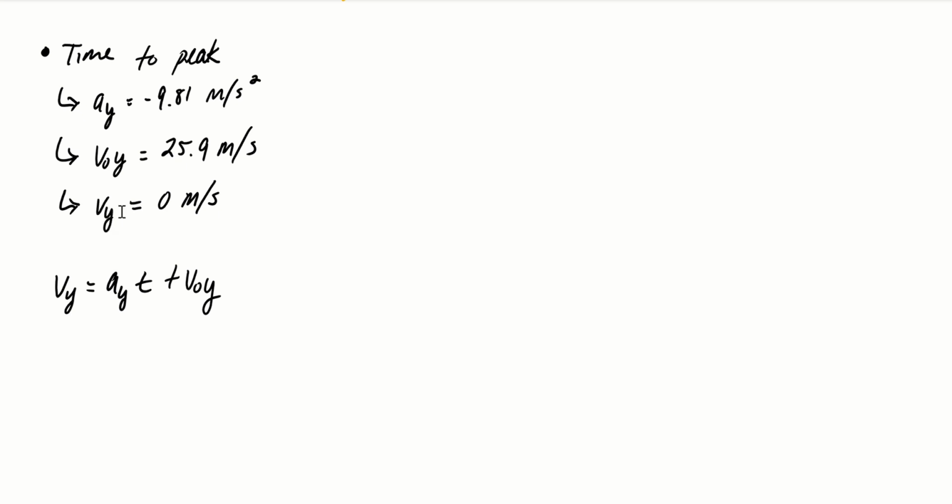So I know that my velocity of interest, my velocity at the peak, is 0. I know that my acceleration is negative 9.81 meters per second squared. I don't know time. And I know that my initial velocity in the y direction is 25.9 meters per second.